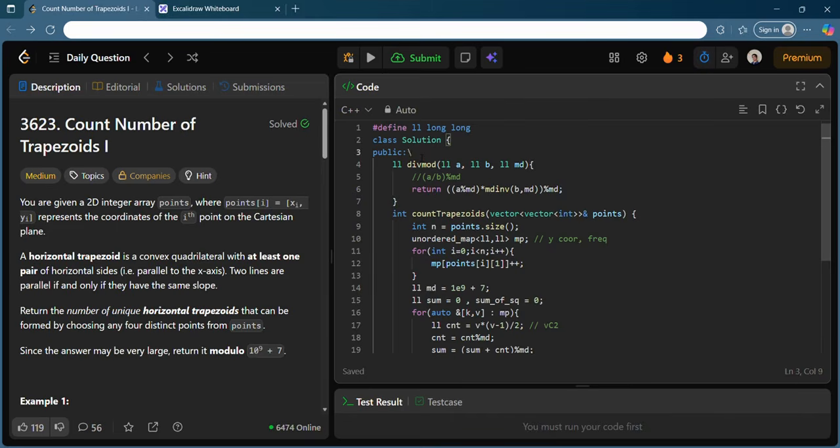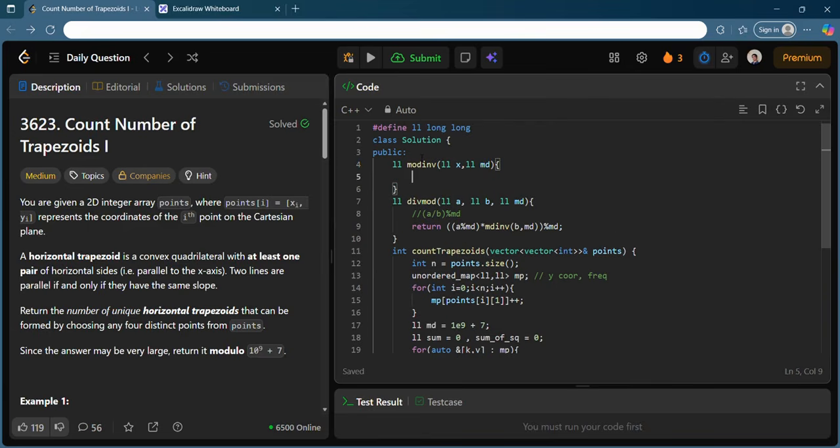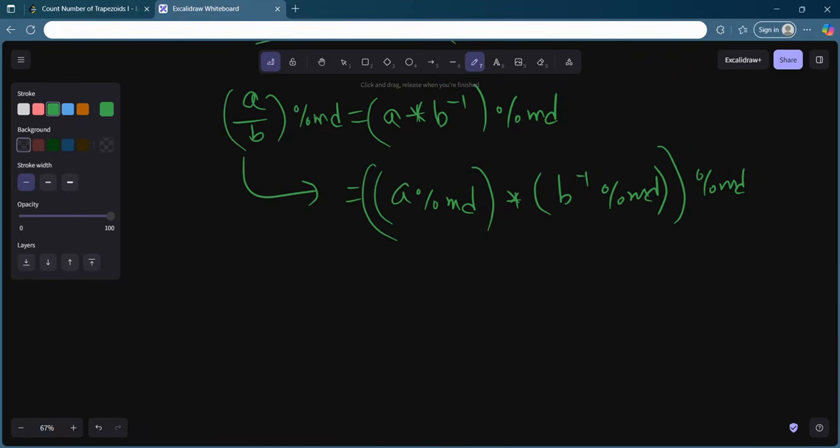And what about this mod inverse? Write a separate function for that. Mod inverse. Okay, so let's say you have x and you want to calculate x inverse of mod, right? So how do you do that? So here comes Fermat's little theorem. You can just Google that out. What does it tell you? That if you want to calculate the modular inverse of anything, that is equivalent to calculating b to the power mod minus 2, whole mod.